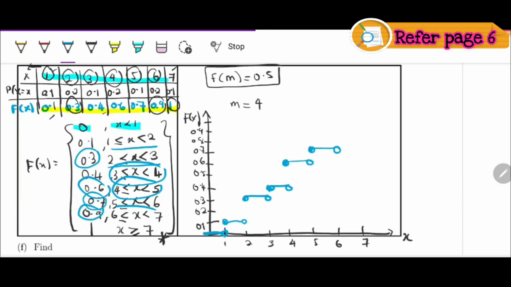Fx is 0.9 on the interval 6 to 7. Then a circle for 6 and an empty circle for 7. And the last one, when x is greater than or equal to 7, the Fx is 1. So this is the graph of the CDF function.